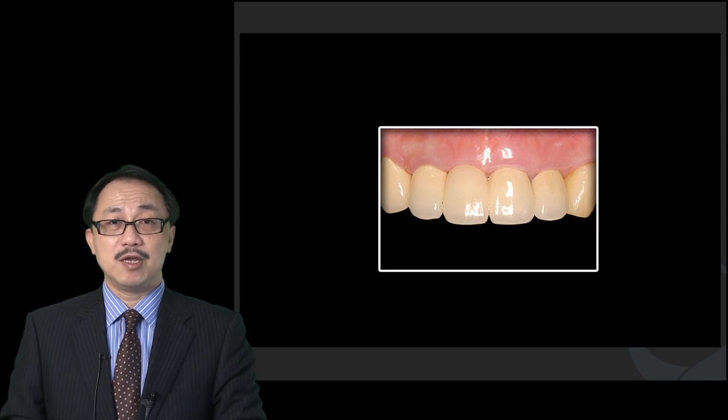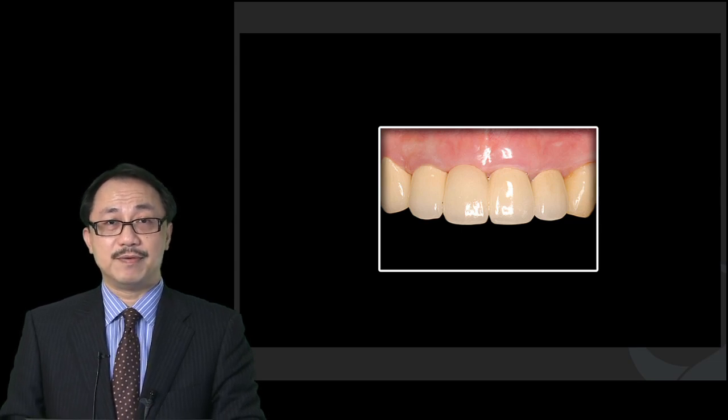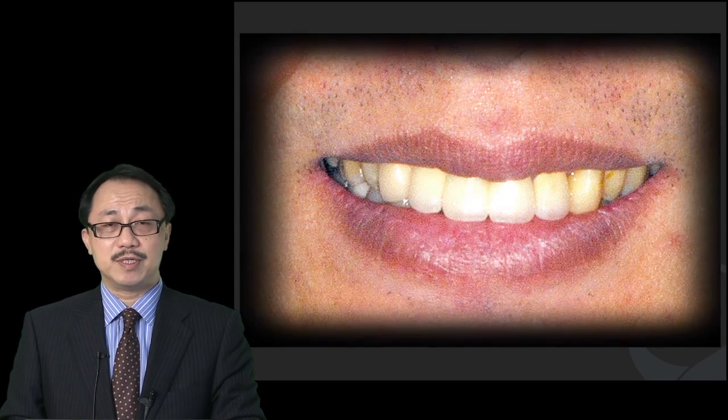Then after that, we provide the root coverage as well as ridge augmentation to better the soft tissue profile, and then put it back in the patient's mouth. With the smile, the patient can change his smile, and the smile can be enhanced due to certain soft tissue grafting procedures in addition to the orthodontic treatment.